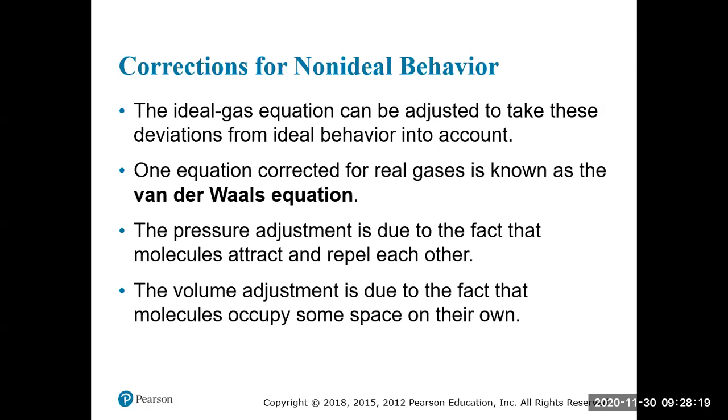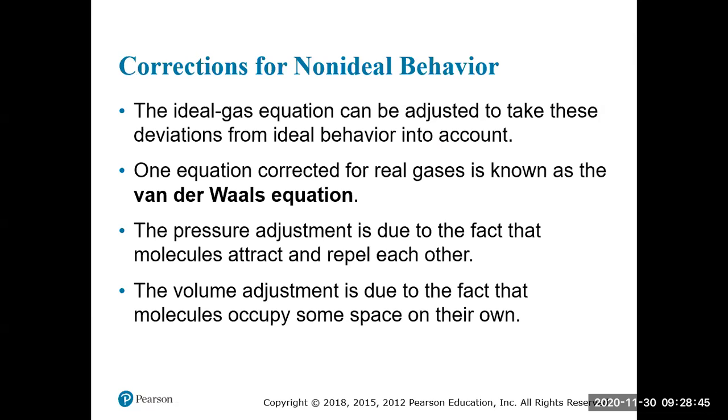You can adjust the ideal gas equation to take into account some of the deviations. One of the equations that does some adjustment is called the van der Waals equation. There's a pressure adjustment made in the equation, due to the fact that molecules can attract and repel each other to some degree.